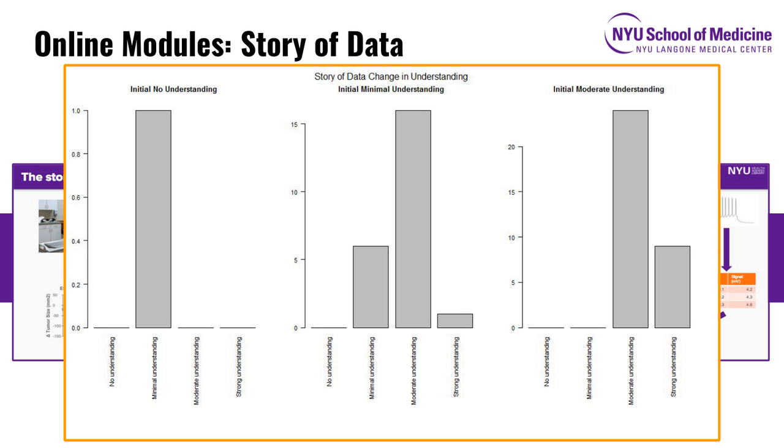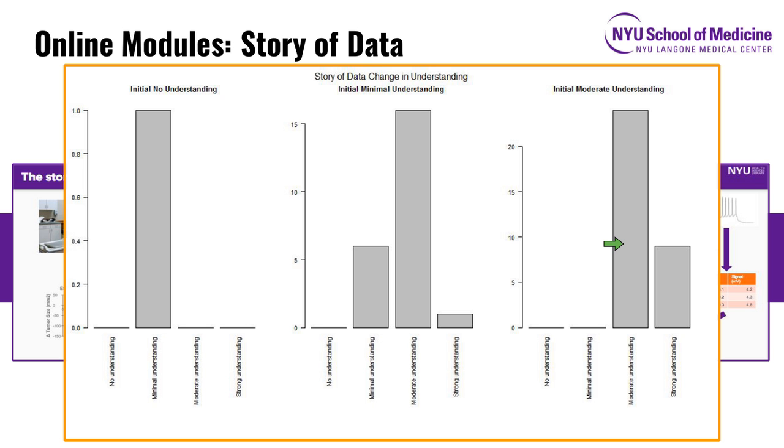All of the people who said they initially had no understanding were raised up to a minimal level of understanding. Most of the people with a minimal level of understanding ended up at a moderate level of understanding.